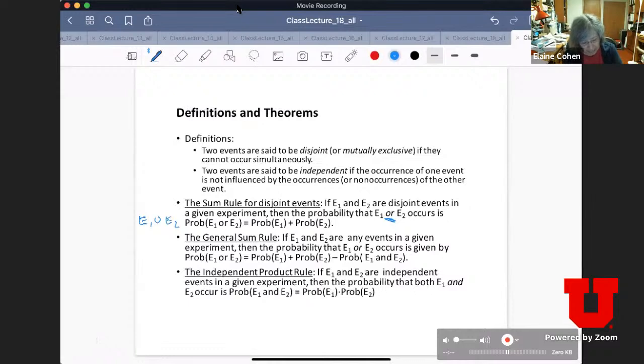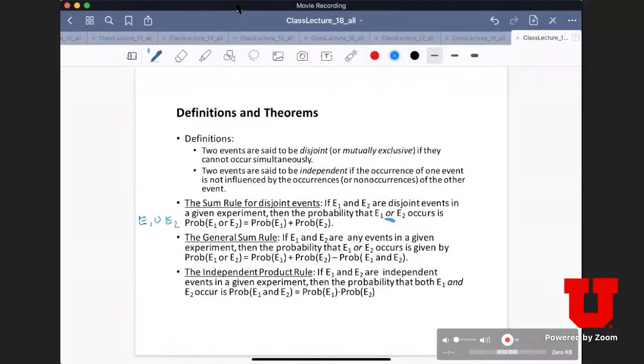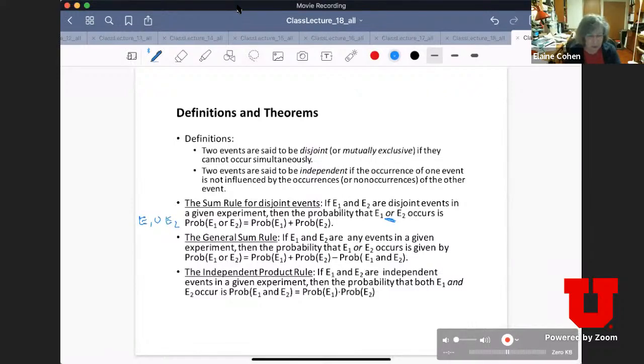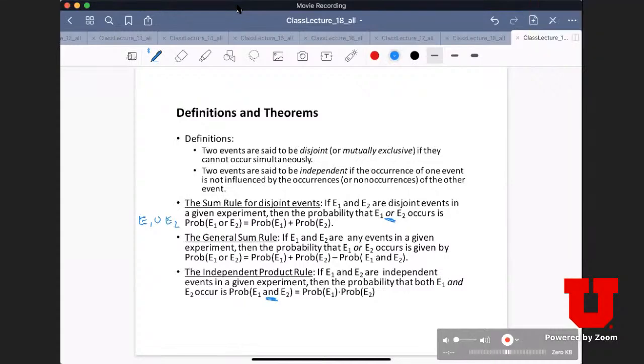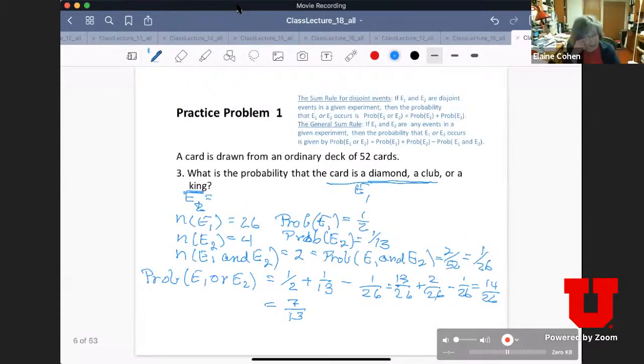Probability of E1 and E2 is the probability of E1 times the probability of E2 if they're independent events. These are not independent events. We'll get to more general and in a little bit, okay? We just want to practice a few cases here before we get there.